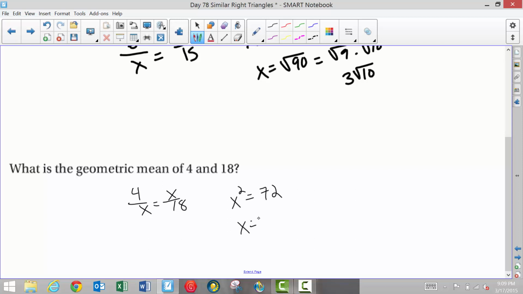So x equals the square root of 72. If I want to simplify this, this is the same as saying square root 36 times square root 2. So I have 6 square root 2 is the geometric mean of 4 and 18.